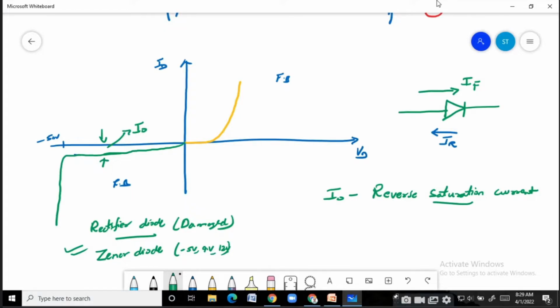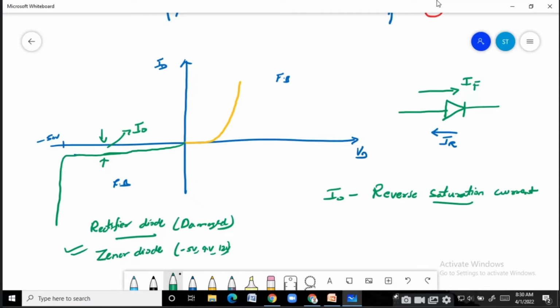In the forward bias, Zener diodes have the same characteristic as a normal diode. In the reverse bias, you also find a similar characteristic, but the difference is that you get a breakdown quite early, at 5 volts or 9 volts or 12 volts, like that.